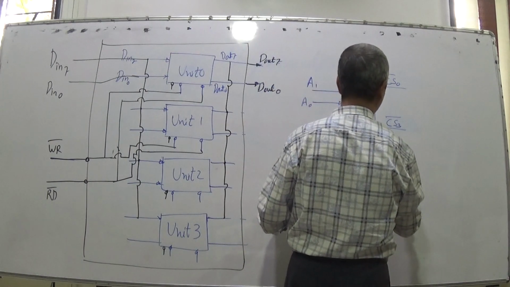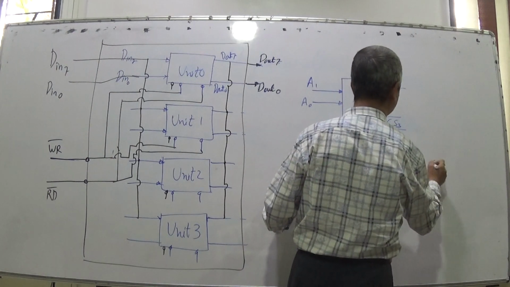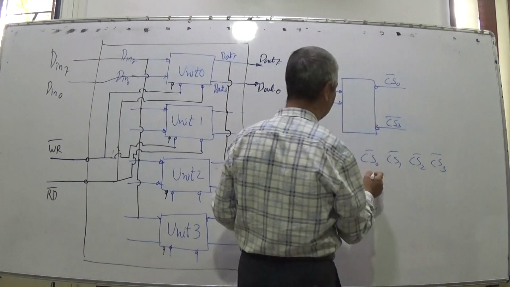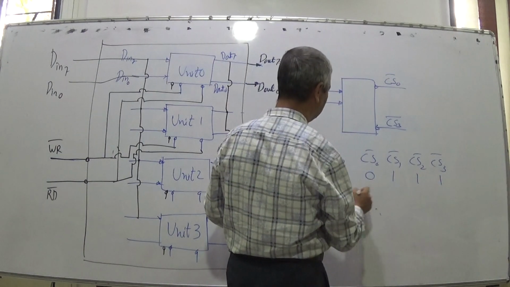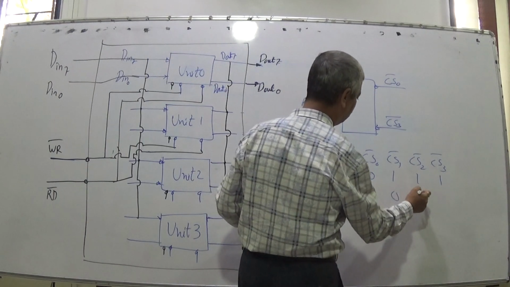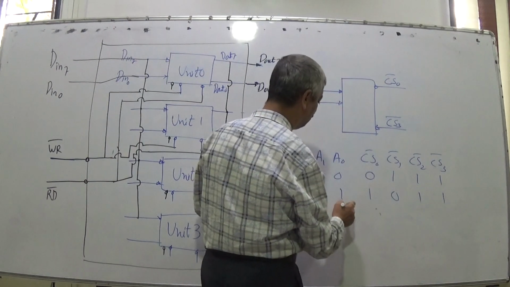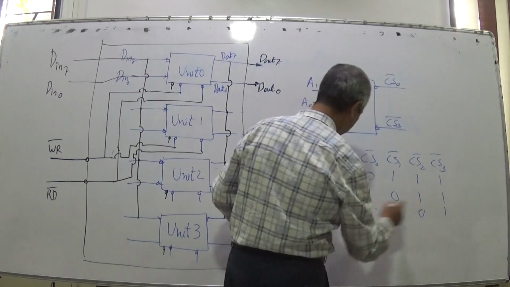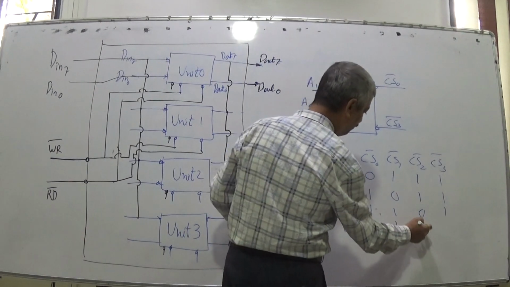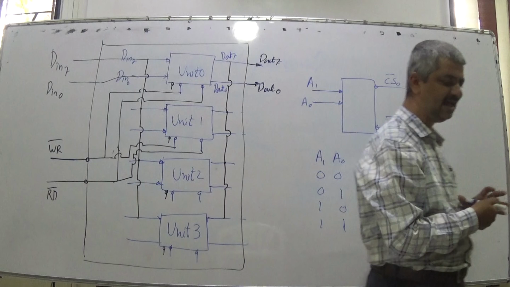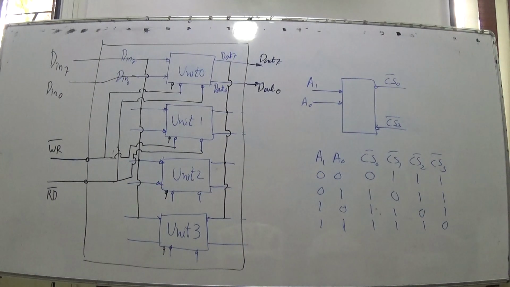CS0 bar, CS1 bar, CS2 bar, CS3 bar. So 0, 0 means unit 0 is 0, others are 1: 0, 1, 1, 1. For 0, 1: 1, 0, 1, 1. For 1, 0: 1, 1, 0, 1. For 1, 1: 1, 1, 1, 0. So address lines 0, 0 select unit 0. So the address of unit 0 is 0, 0. Address line combination 0, 1 selects only unit 1.